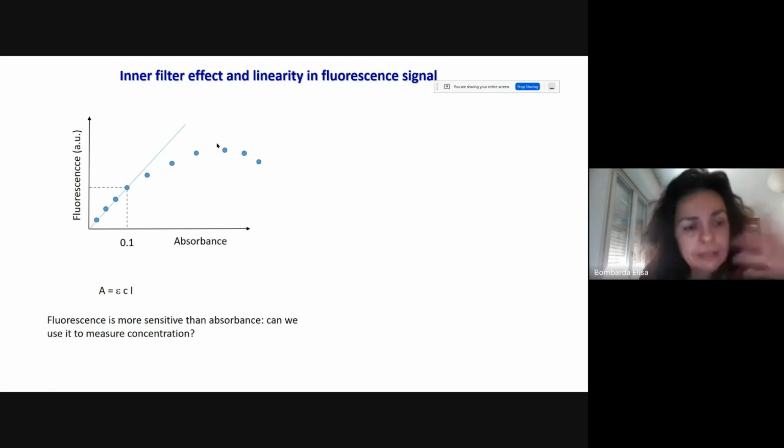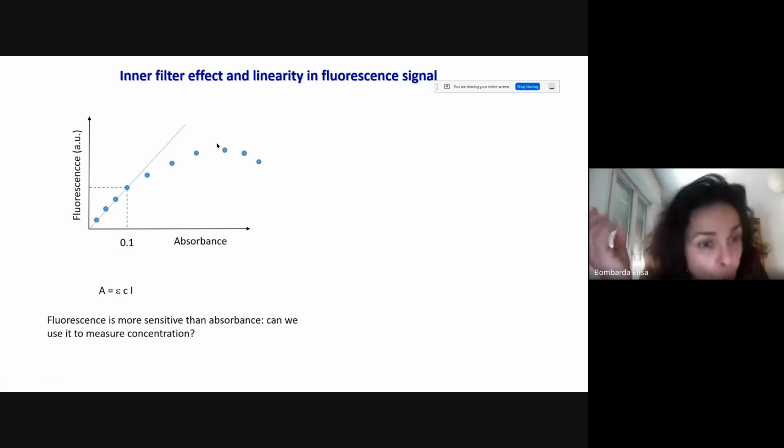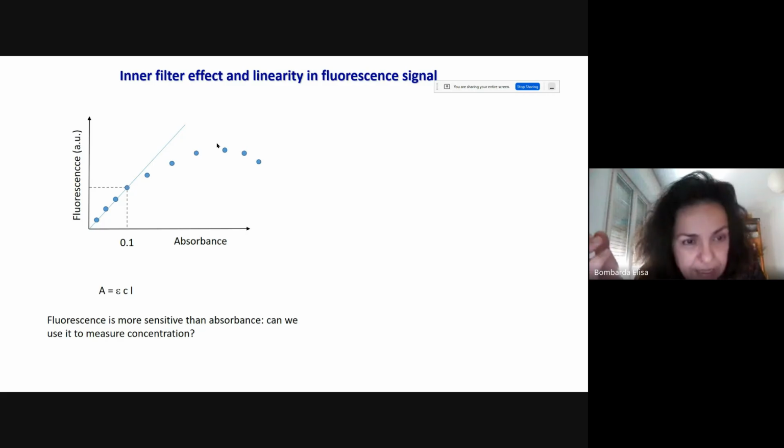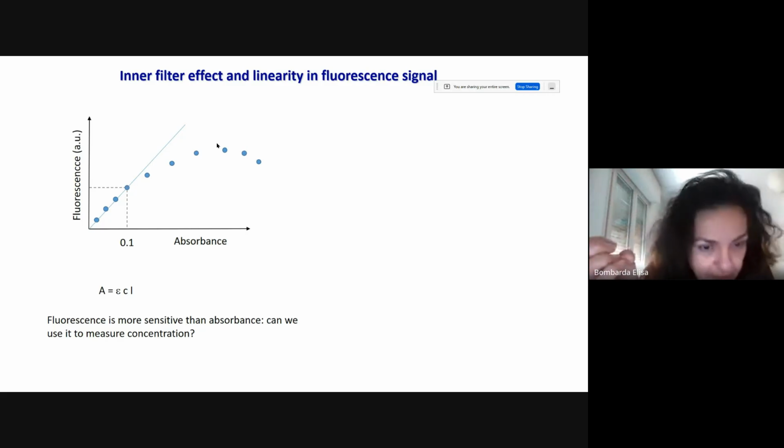Okay, but fluorescence, we said, is more sensitive than absorbance. So if we use absorbance to detect the concentration, but want to detect a lower concentration, maybe we can use fluorescence. And the answer is, yes, in fact, but.